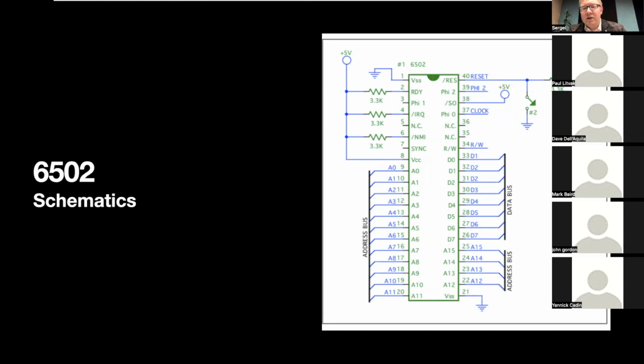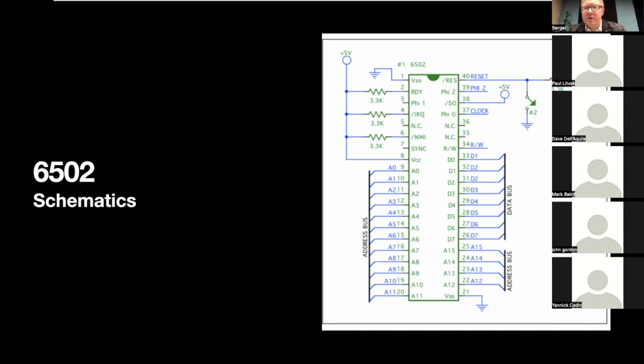Here it's RW. It's one signal, and in order to have the read signal, we need to NAND it with phi2, that is here, pin 39. So basically, it's very simple.